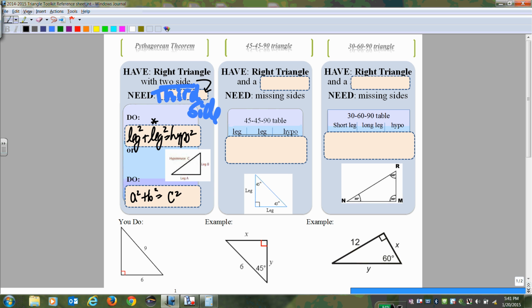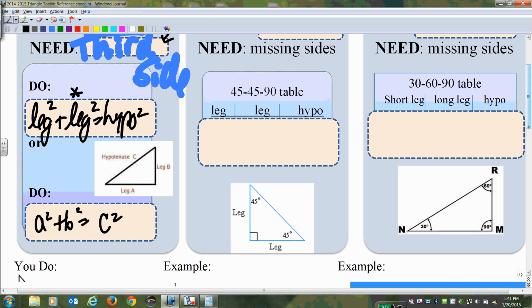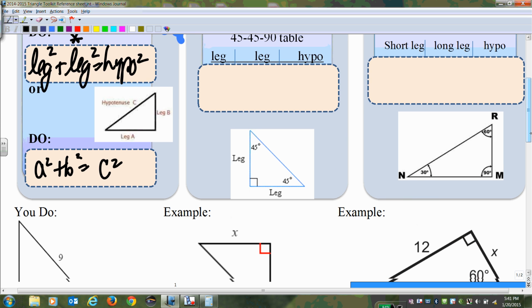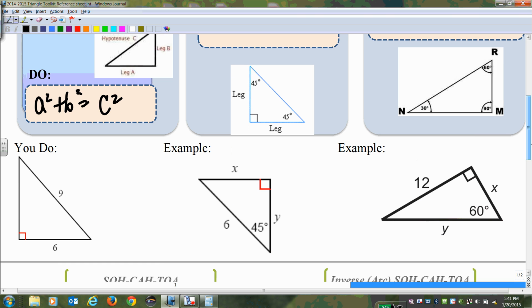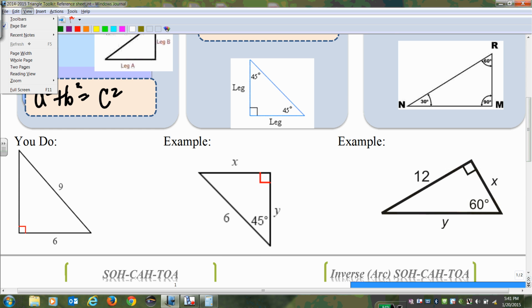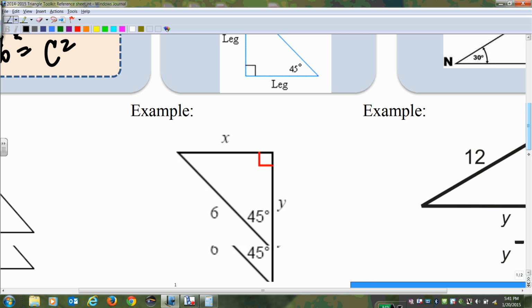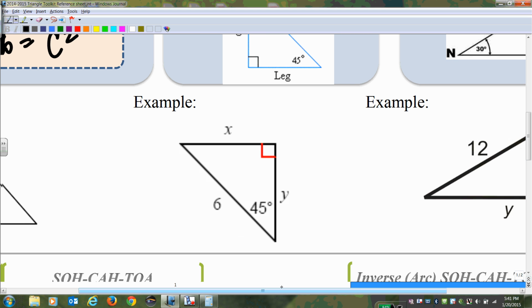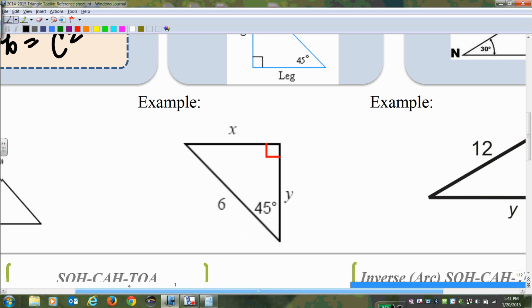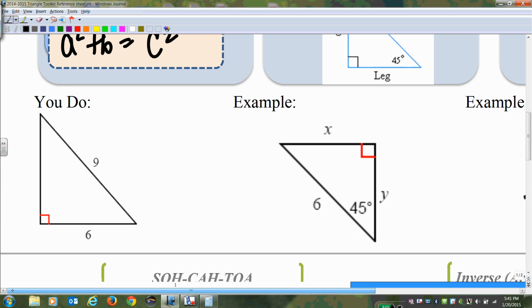So let's do a sample problem here. We have a right triangle, and we have one leg. So let's go ahead and label here.